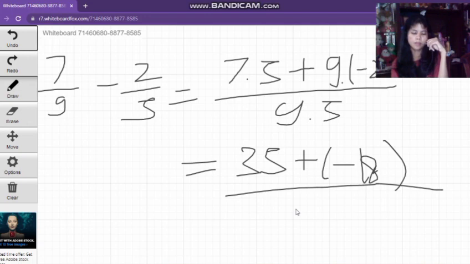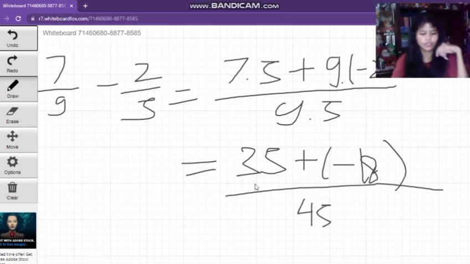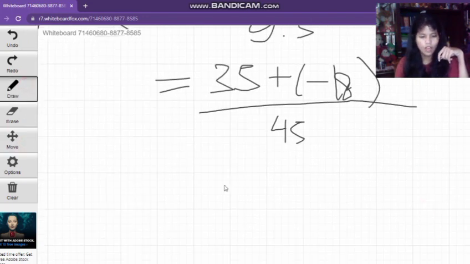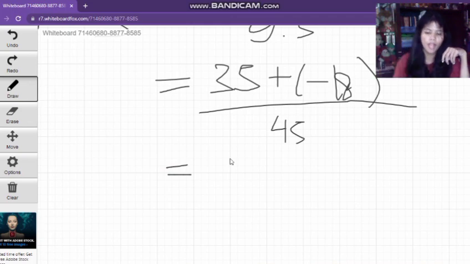9 multiplied by 5 equals 45. So 35 plus minus 18. Remember what I said before? If plus meets with minus, it becomes minus.